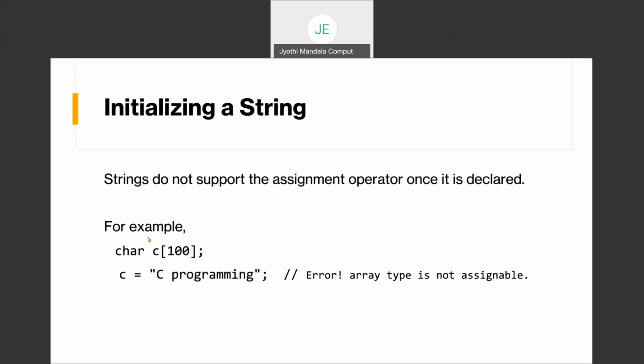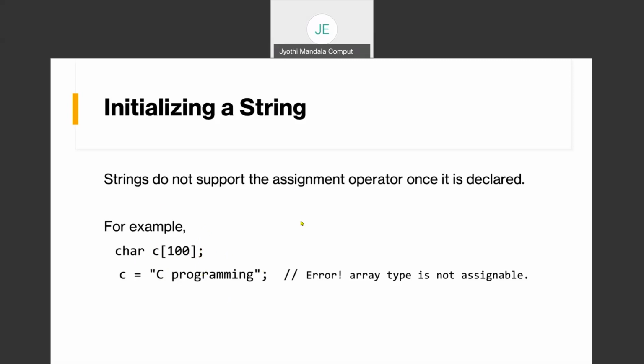Whatever character array you are creating will not support the assignment operator once the declaration is finished. If you end the declaration here, from here onwards, you can't use the assignment operator with this character array. But if you want to store the value here, then don't close here, use the assignment operator here, equal to, write "C program" and then close that declaration.